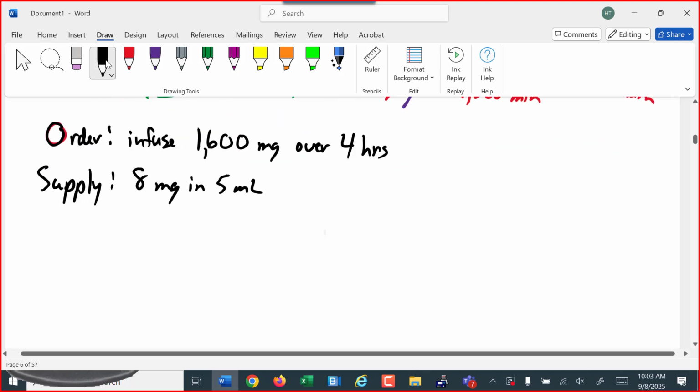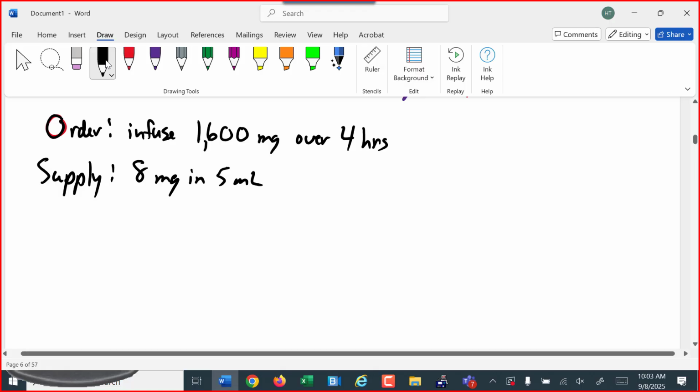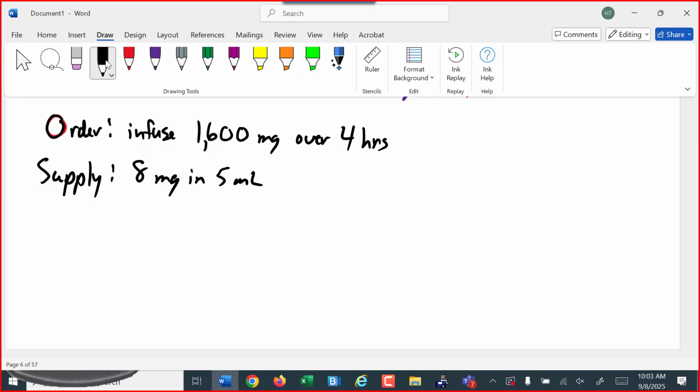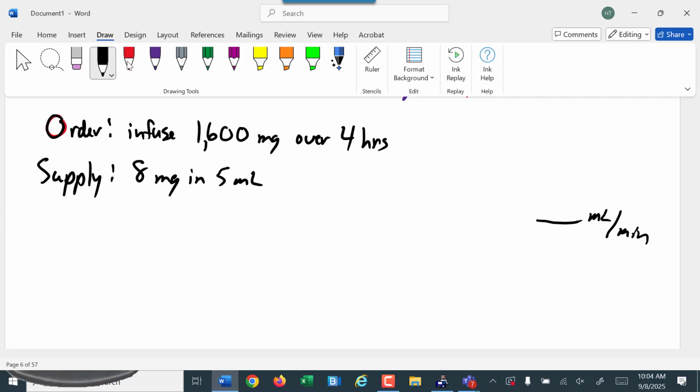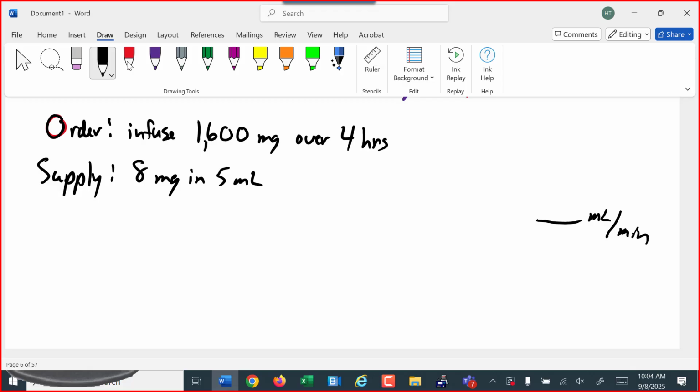So I'm going to give you a little over a minute here. Try that in your notes, and then we'll go over it. We want that in milliliters per minute.